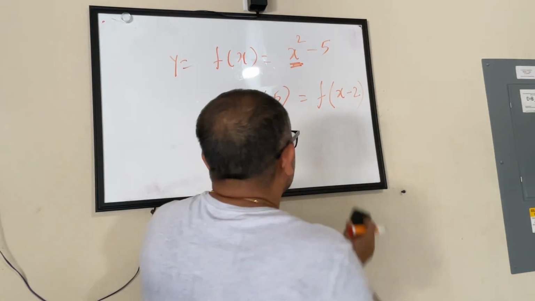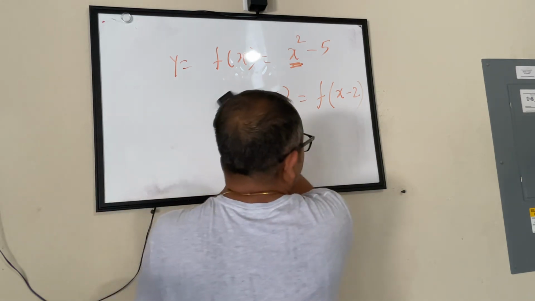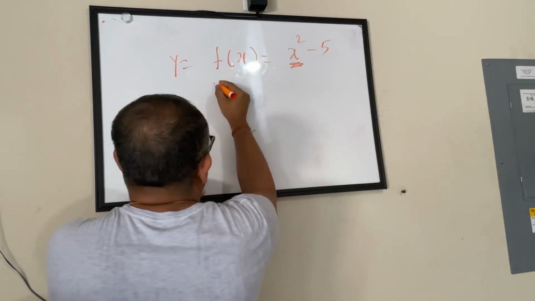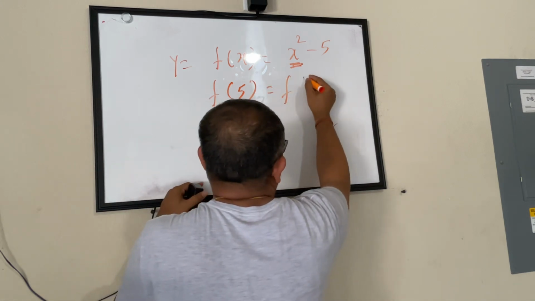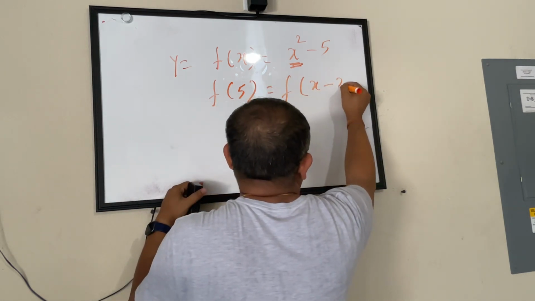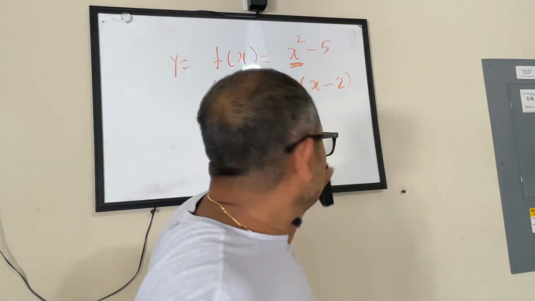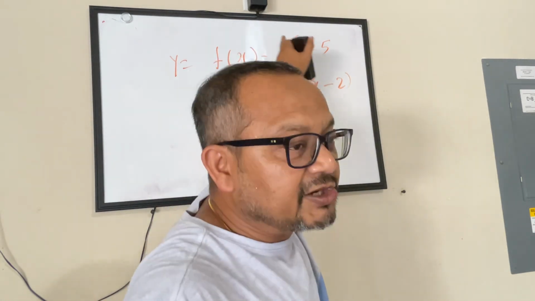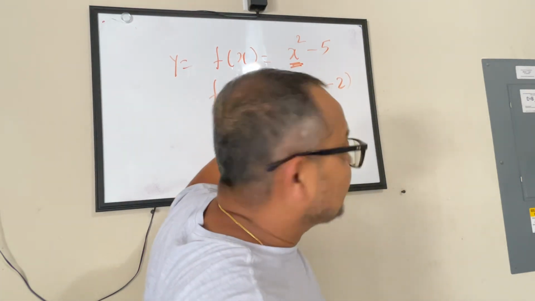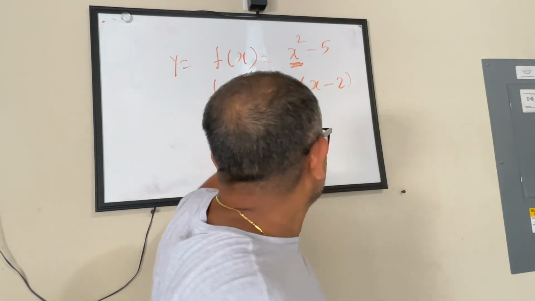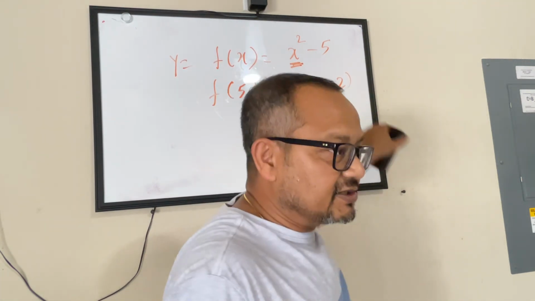So, f5 minus fx minus 2, this is what we have to solve for. f5 equals fx minus 2, whatever it is. So, in the question it is given that this is my formula for the function, and the second condition that is given to us is that this equals this.